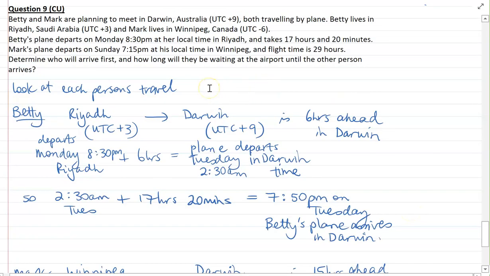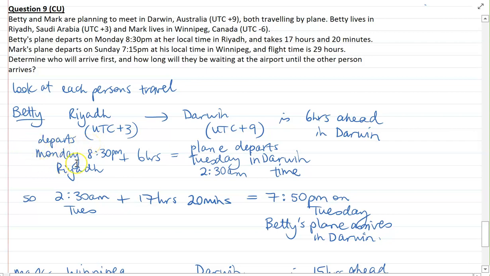All right, so look at each person's travel separately. So from Riyadh, Betty's time difference, Darwin is 6 hours ahead of where she's currently at when she jumps on the plane. So what I'm going to do first though is I'm going to convert everything into Darwin time.